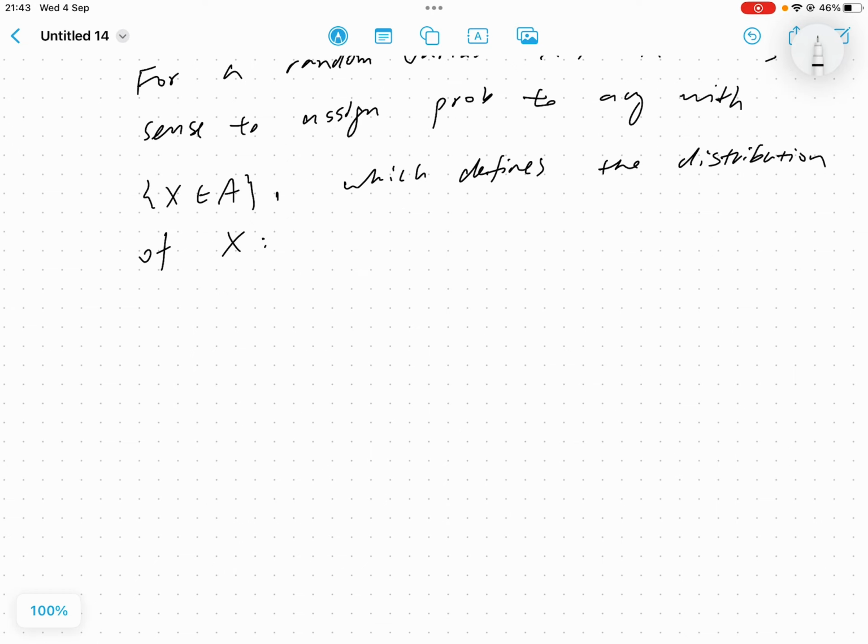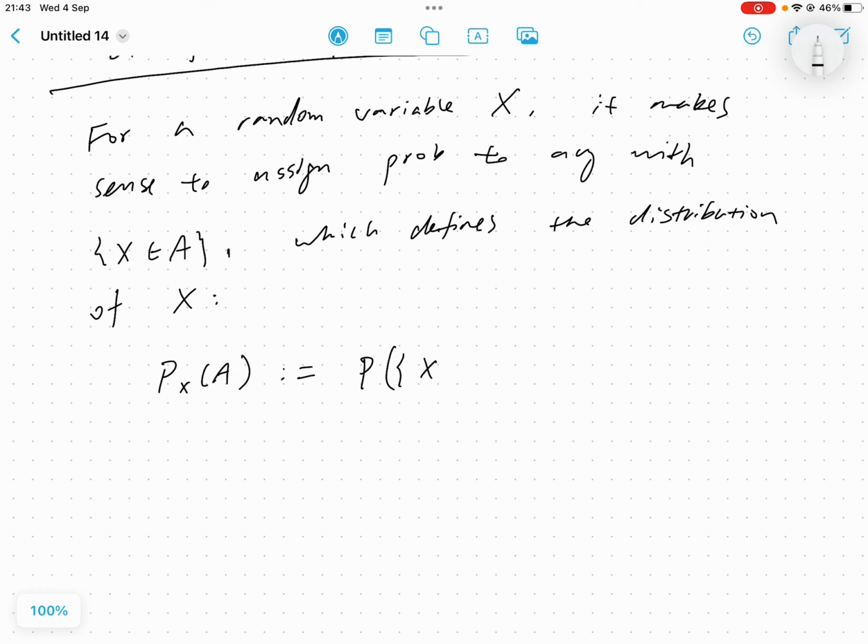Notationally, we have the probability that the random variable X takes a value in A. This is simply defined as the probability measure with the input being this set of the form X in A. Then we can actually study this random variable. And again, this A is in the Borel sets as before.